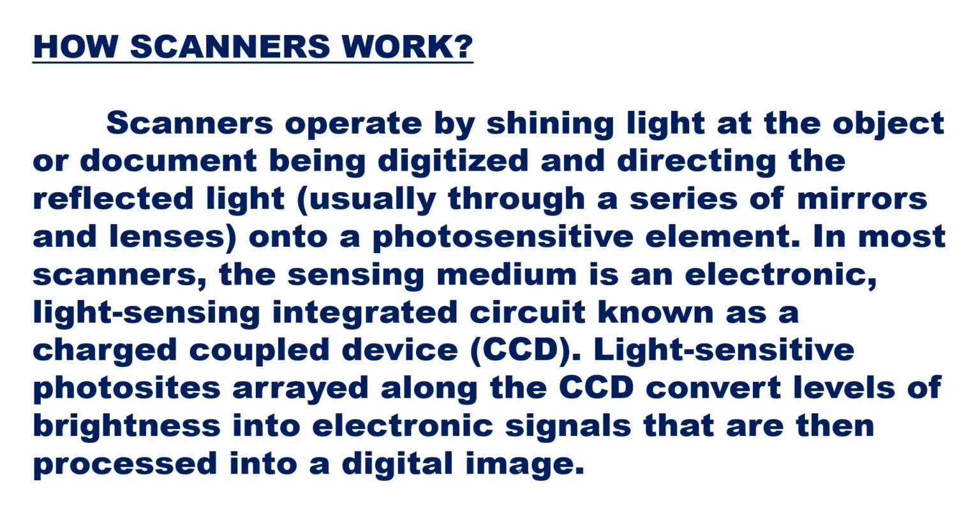In most scanners, the sensing medium is an electronic light sensing integrated circuit known as a charge coupled device, CCD. Almost every scanner uses this technology. Light sensitive photosites arrayed along the CCD convert levels of brightness of light into electrical signals that are then processed into a digital image.